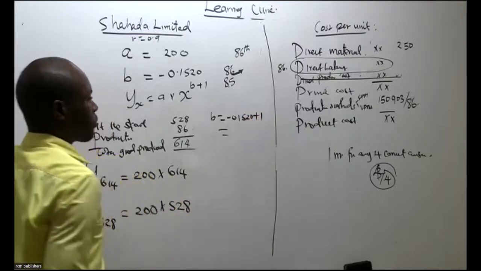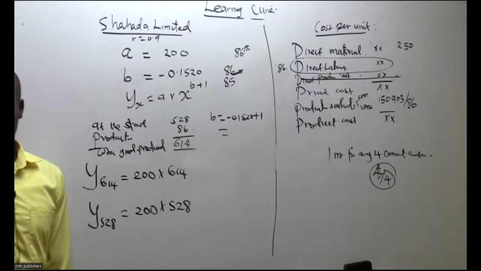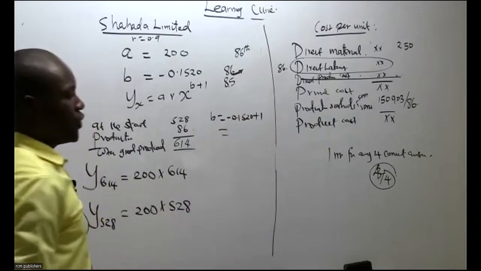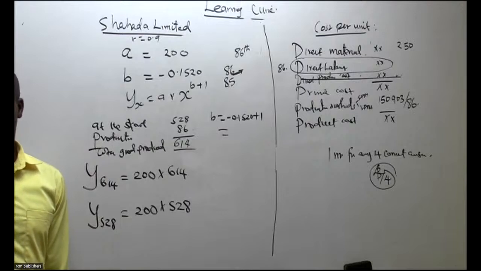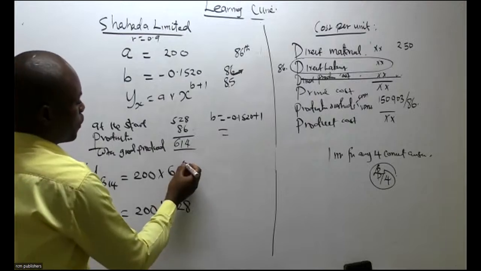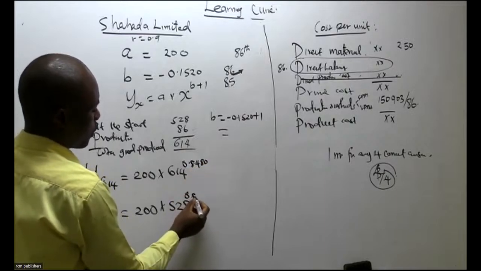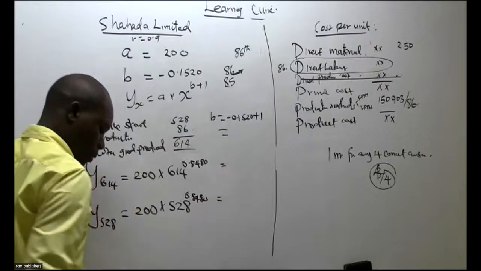So what will b plus 1 be? Negative 0.1520 gives 0.8480. So go ahead and give me the totals for each.